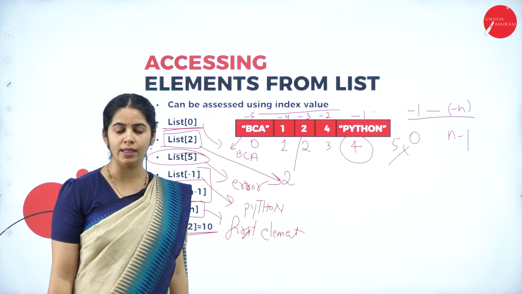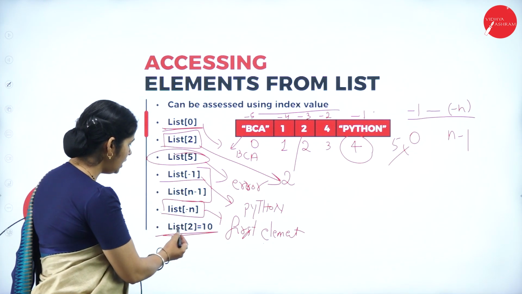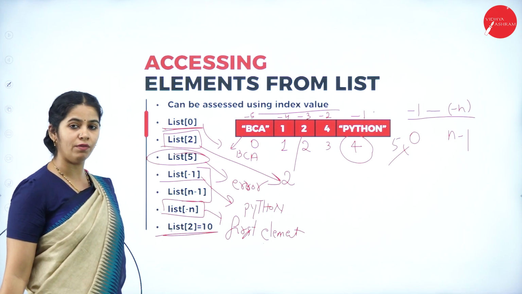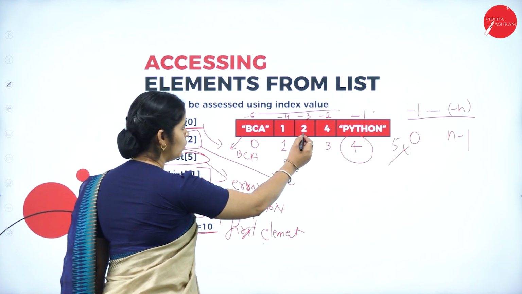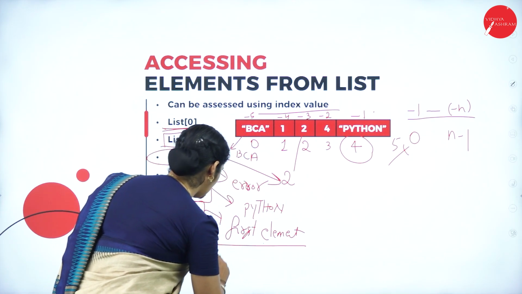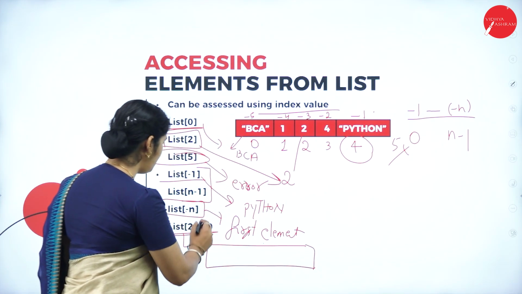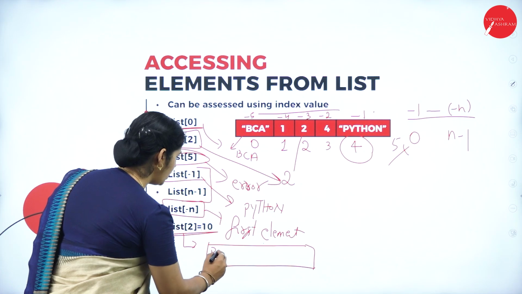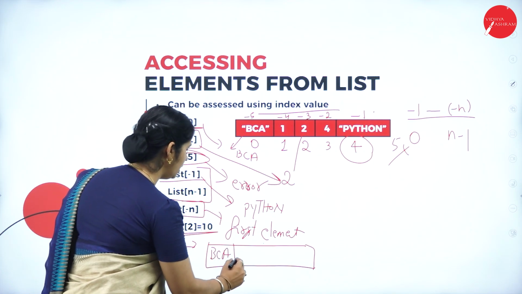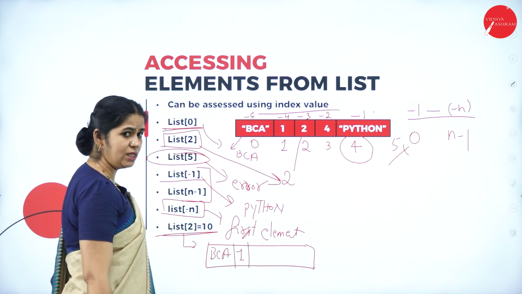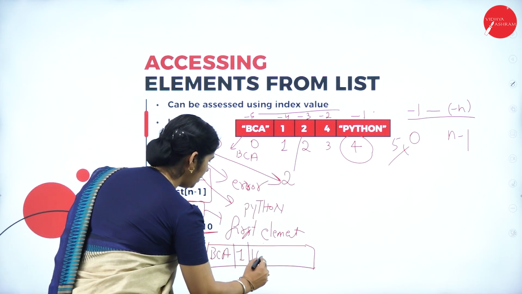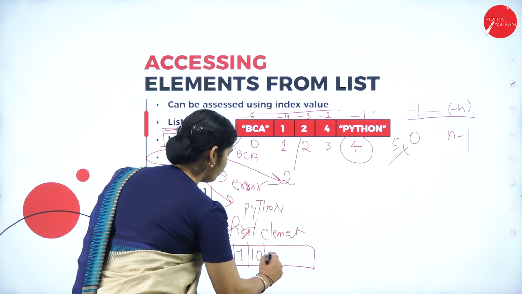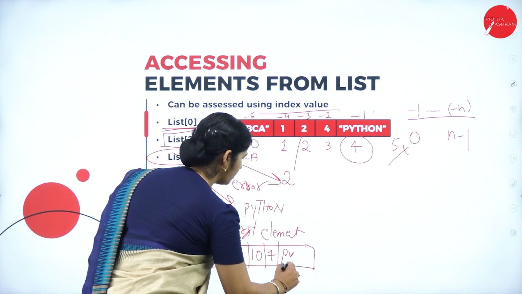Then here you can see this is mutable. As we said, the list is mutable. Here, list of 2 is equal to 10. The value is given. What it means is, at index value 2 of the list, that value should be replaced with 10. The first element I have is BCA and 1 is the second element. At position 2, what I have is 2, and that will be replaced by 10, then 4 and Python.